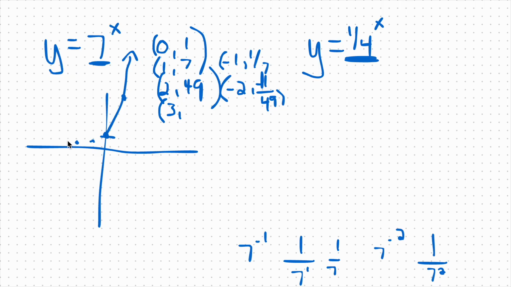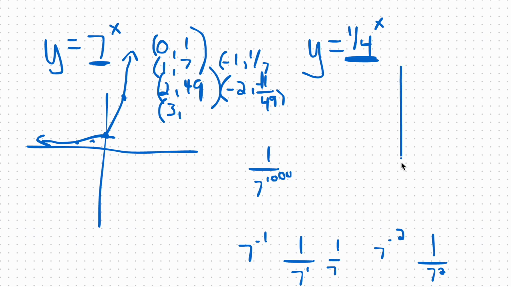So these numbers are going to keep getting smaller and smaller and smaller, but they are never going to get below 0. Even if I plugged in -1000, well, -1000 would be 1 over 7 to the 1000th. 7 to the 1000th is going to be a huge number, but it's still 1 over that. So this graph is going to be approaching 0, but never crossing. So that is the graph for y equals 7 to the power of x.